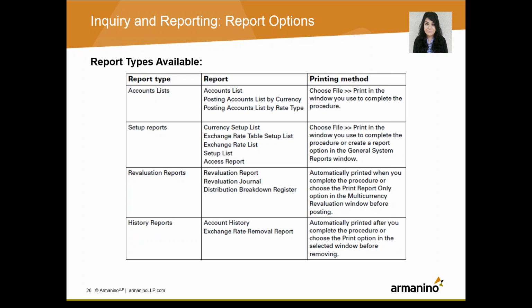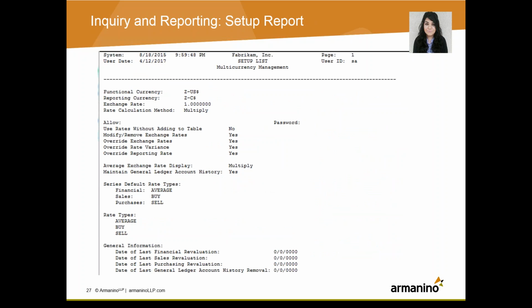And for example, again, the setup report looks like this. We have our functional currency, our reporting currency, our exchange rate. We also have the method listed. We also have those permissions that I was explaining earlier about, if you want to modify the rate, if we allow that or not. We also have the rate display, the general ledger account history. We also have the series listed for the rate types, and we have general information such as when revaluation was last done.